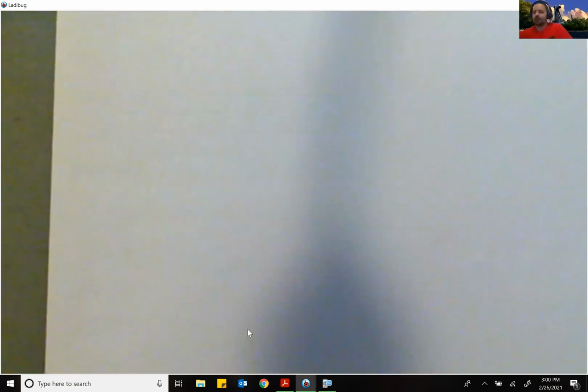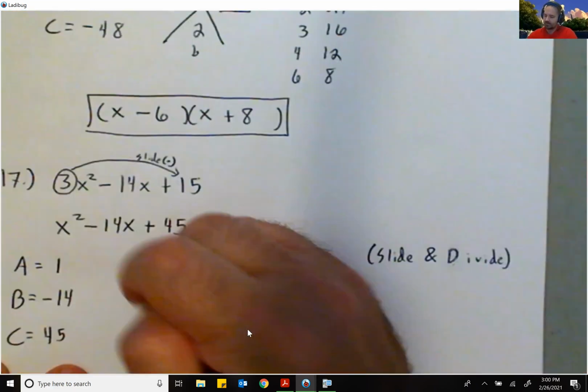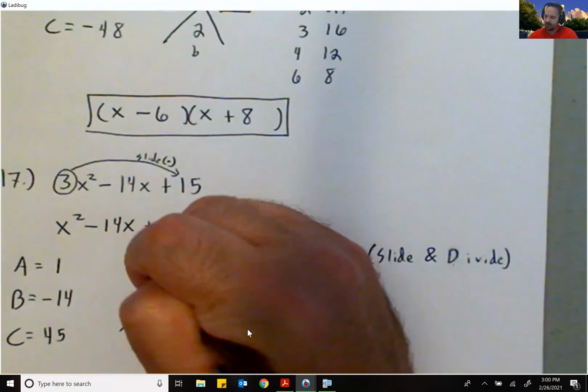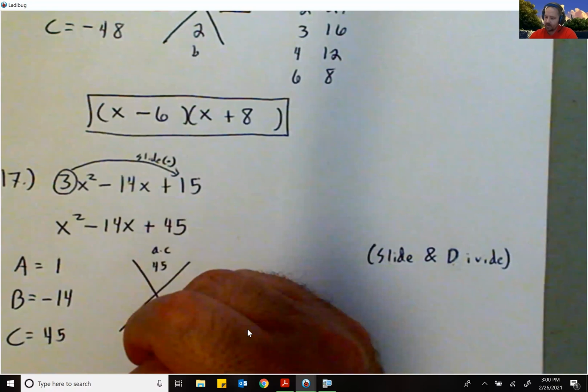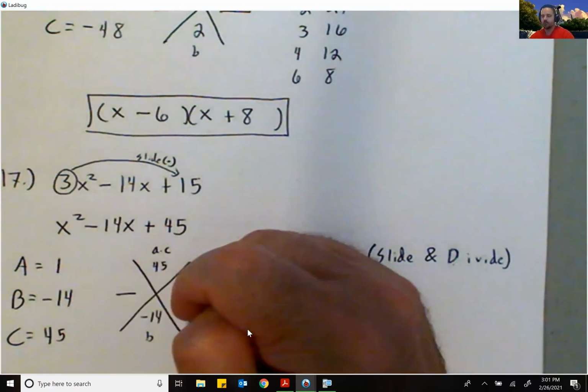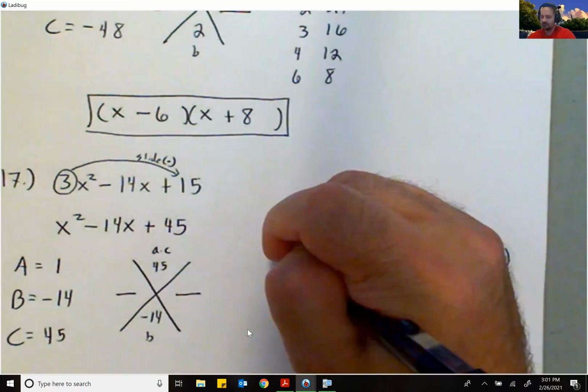So I'm not getting rid of that, I'm just fixing some things real quick. So if we do our X games, A times C goes on top. That's 45. B goes on the bottom, which is -14. So we've got to figure out our 2 numbers. Everything's going to be based on the factors of 45.